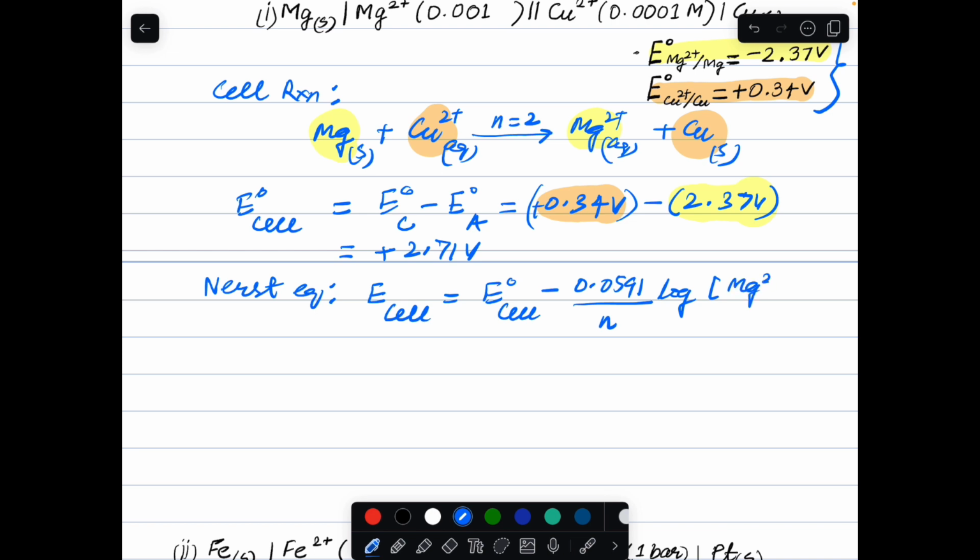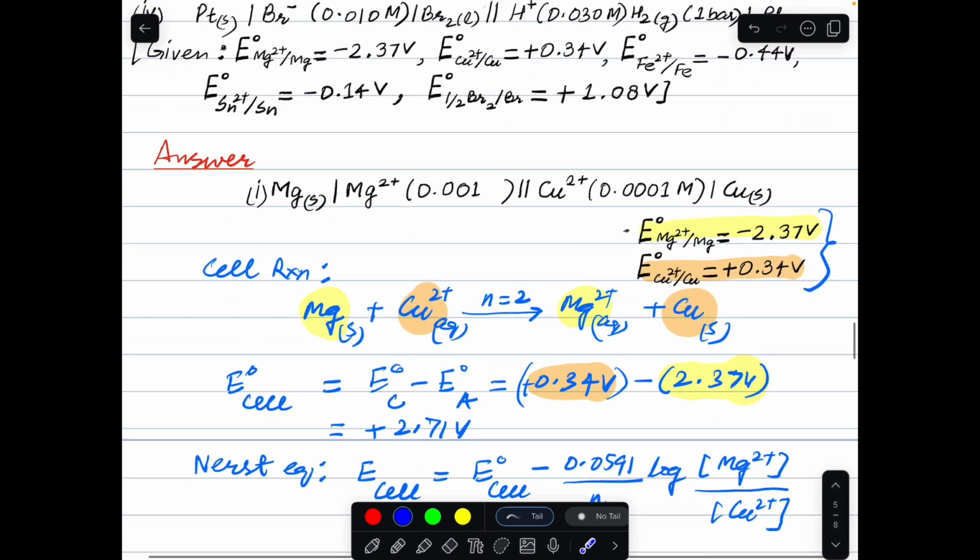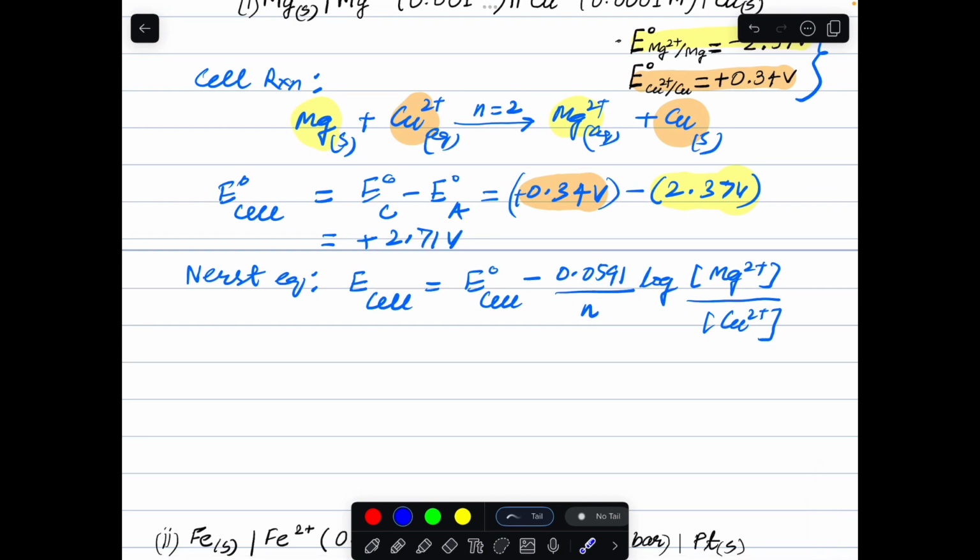Now on the product side we have magnesium ion and copper metal, and on the reactant side we have copper ion and magnesium metal. As far as pure metals are concerned, their concentration is unity, 1. Therefore we are not writing in the expression the entities for which concentration is taken as 1. Okay, so we'll put down the values we have. For E naught cell we have already calculated 2.71. The rest of the values we will write down like this. For N, the value is 2. We have written that 2 electrons are involved.